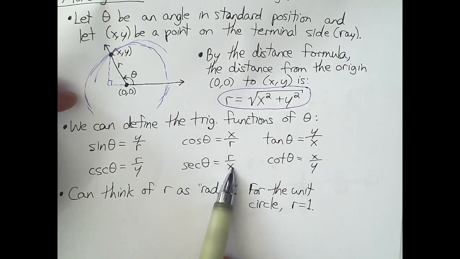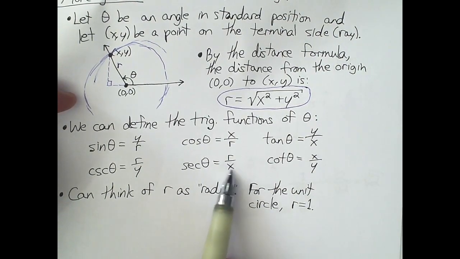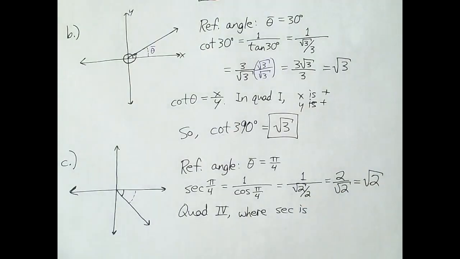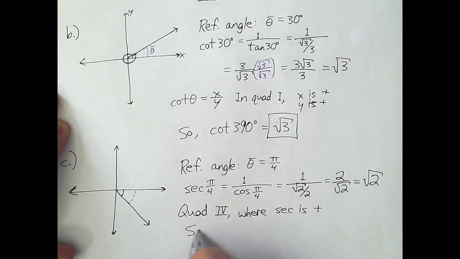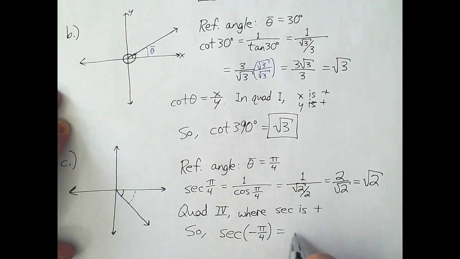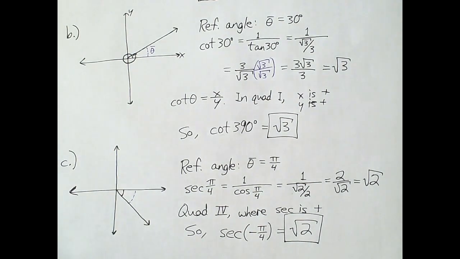So really, the sign is going to be determined by the sign of x. Well, x is positive in this quadrant, so secant is positive in this quadrant. So secant of negative pi over 4 is the answer that we found, and it is positive. Cool. All right, so we did all three.